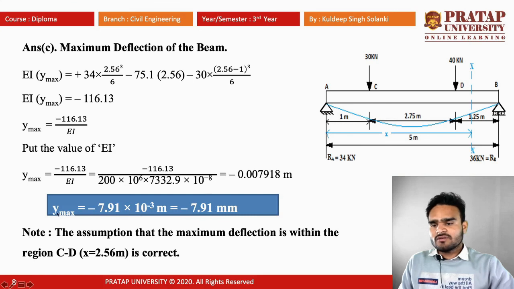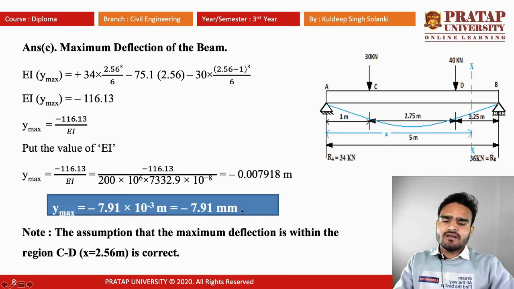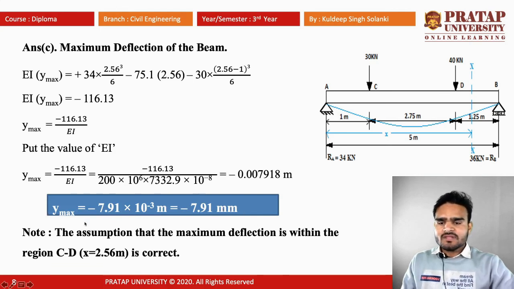Now the maximum deflection is equal to 7.91 into 10 power minus 3 in meter, and 7.91 in mm. This is the maximum deflection available at 2.56 meter.